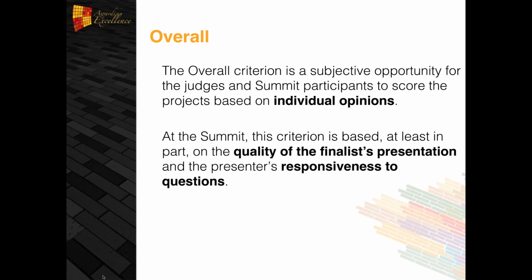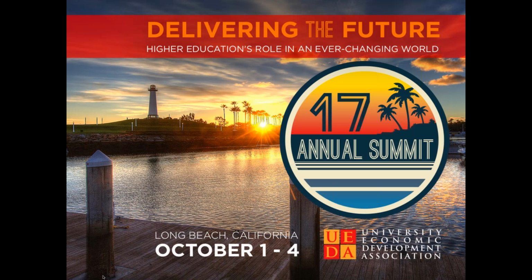So I've mentioned the annual summit that is going to be held at the Renaissance Long Beach, California, and that is October 1st through the 4th. So I'd encourage everyone who is on the webinar to please block that off.